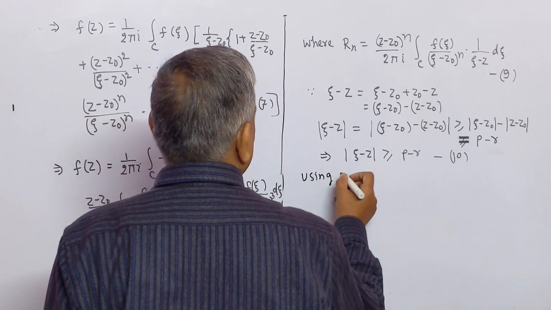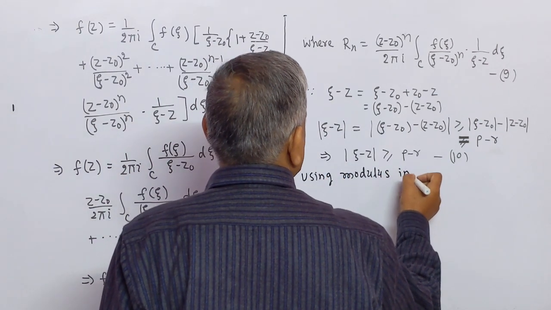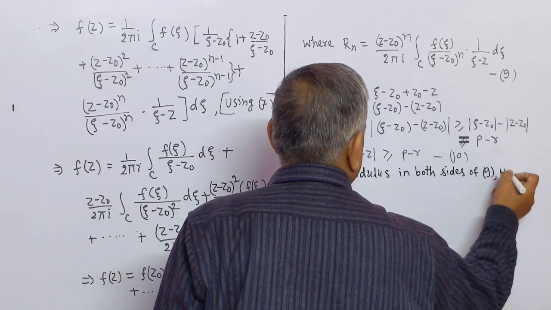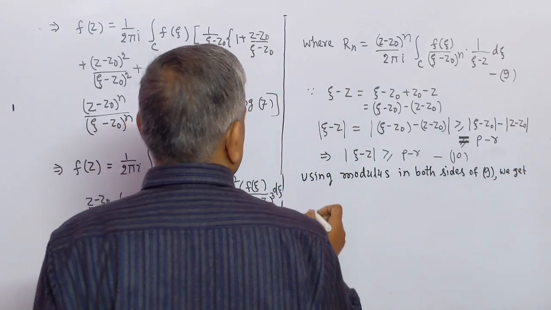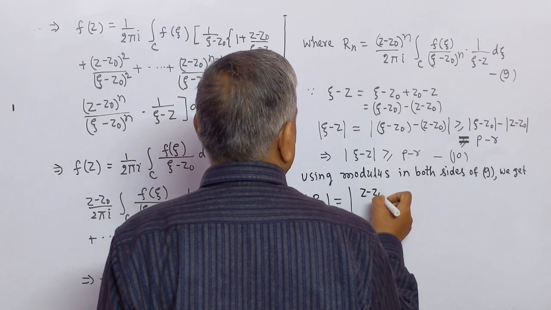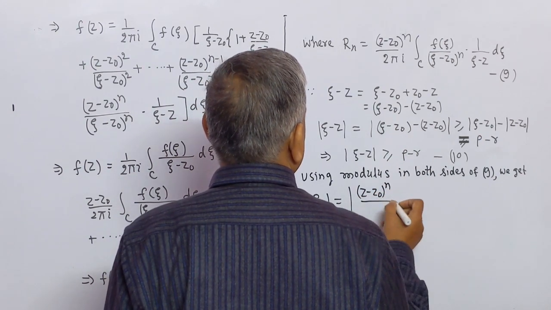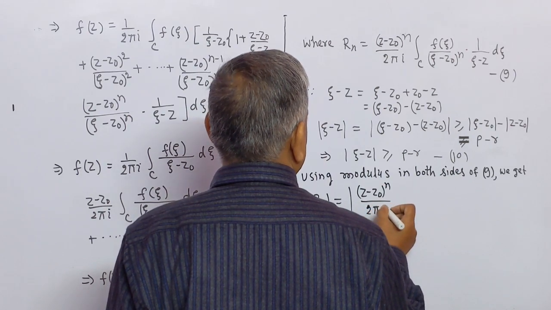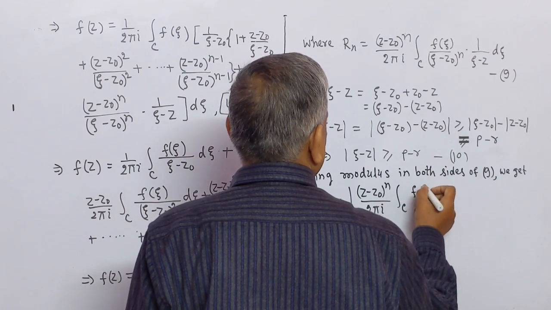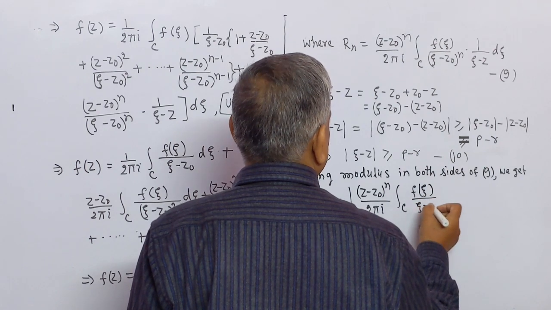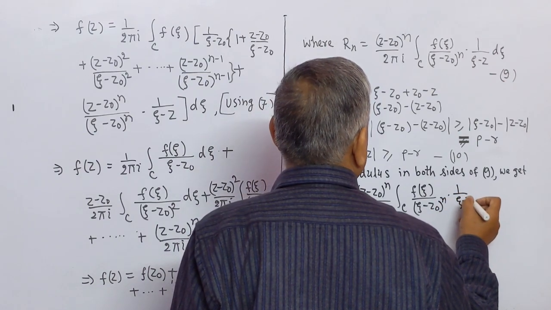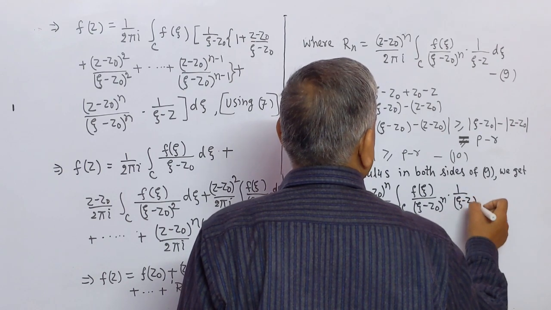Taking the modulus on both sides of 9, we get the modulus of Rn equals the modulus of (z − z₀)ⁿ by 2πi, integration along the circle C, f(ξ) by (ξ − z₀)ⁿ, multiplied by 1 by (ξ − z) dξ.